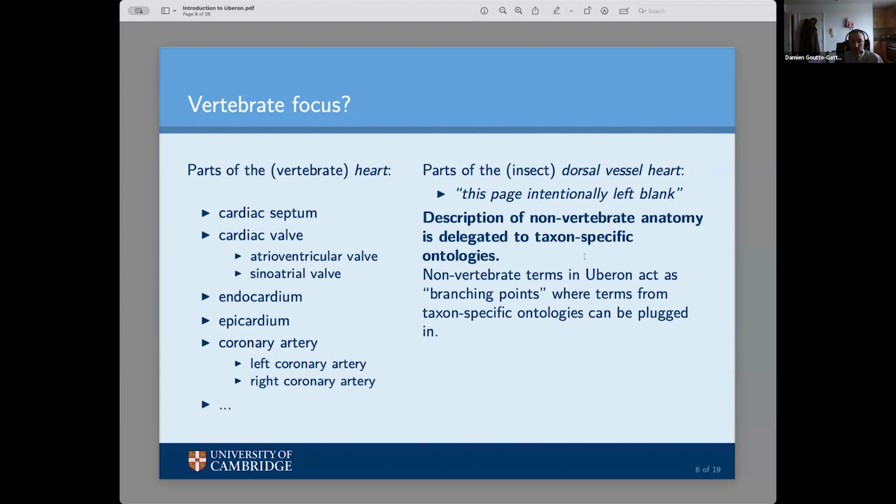Non-vertebrate terms in Uberon are merely intended to act as branching points to which we can attach terms coming from taxon-specific ontologies. So for example, dorsal vessel heart is intended as a branching point to which we can attach terms coming, for example, from FBBT, the anatomy ontology for fruit flies, which does contain more terms to accurately describe the anatomy of the dorsal vessel in flies.